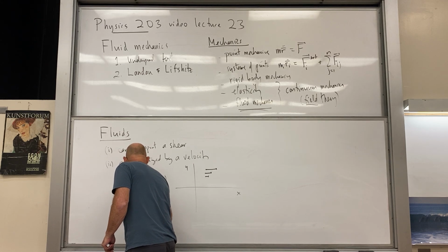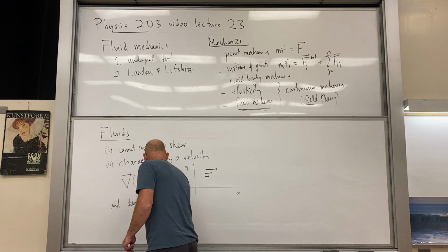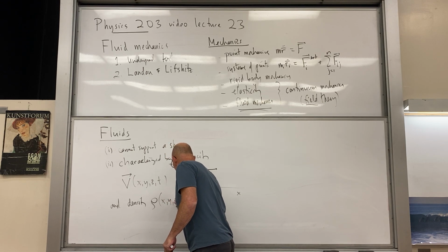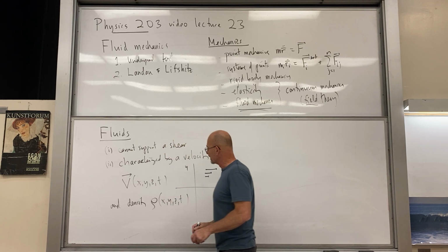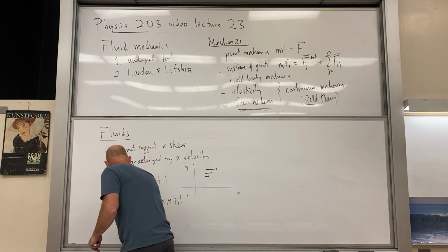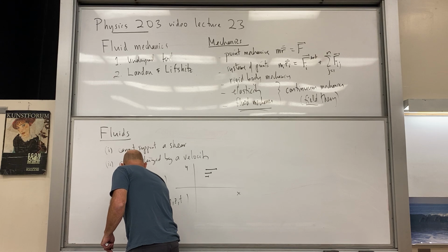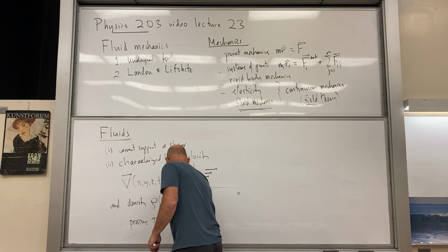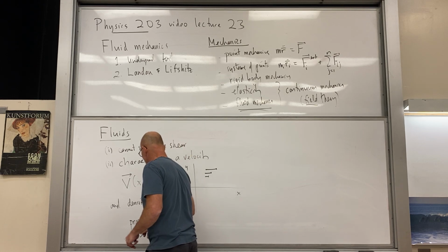Also density, rho, and rho will also be a function of x, y, z, and t. So there's a vector field, there's a scalar, and pressure P of x, y, z, and t.